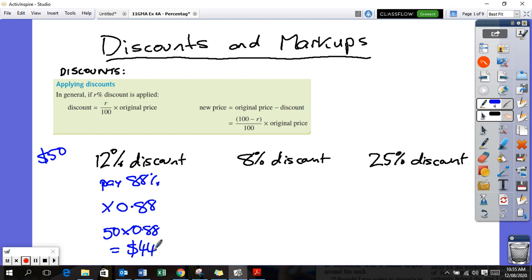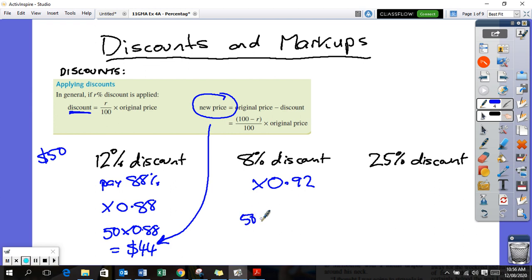The actual discount, this formula here, is just 50 minus 44, and what we've just calculated down here is the new price. So we've got an 8% discount, slightly different to this formula. If we've got an 8% discount, that means we're paying for 92%, so we multiply by 0.92.